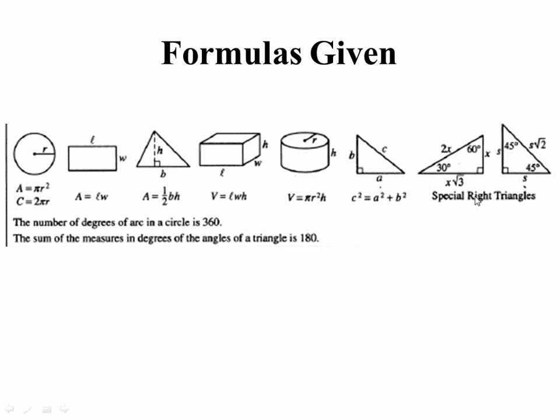And you're also given these special right triangles, the 30, 60, 90 triangle and the 45, 45, 90 triangle. And with this 45, 45, 90 triangle, you also kind of have the equation for a diagonal of a square, because a square is just 2 45, 45, 90 triangles thrown together. So this would be like the diagonal of the square, with the length being the side of the square times root 2.